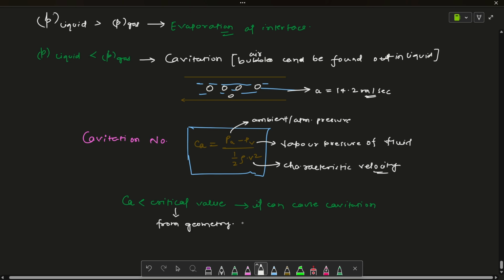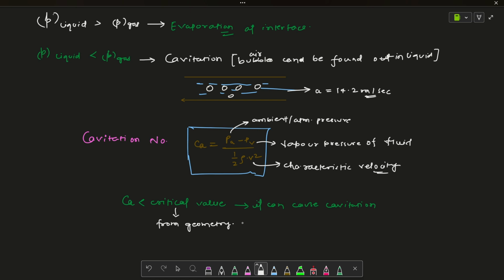For different geometry, a table has been made. Many standard institutions made their own tables, and according to that the critical values vary, from geometry to geometry. You will find out the critical value, and your cavitation number should be greater than that.